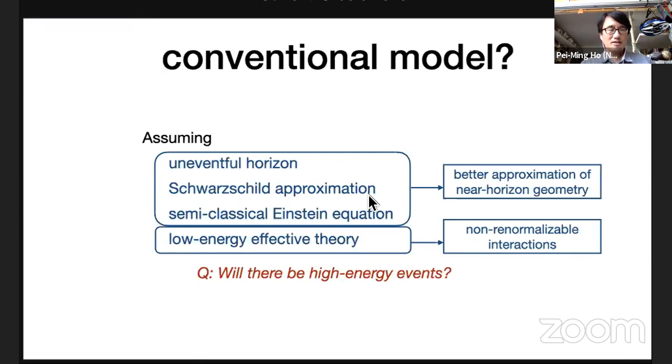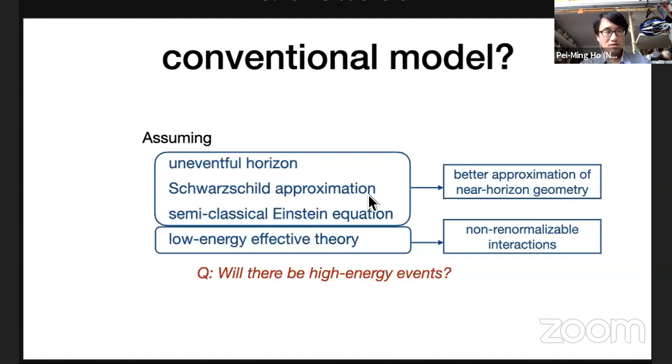What we saw earlier was that if I assume the Schwarzschild approximation and the Unruh vacuum, then you get a consistent picture, but it doesn't tell you that over time evolution they would stay in the same state. So this is one thing you can try to explore.